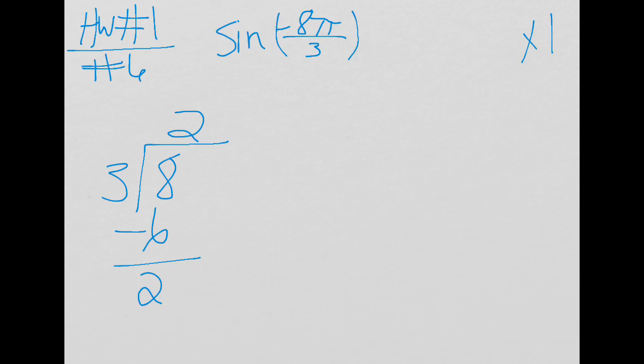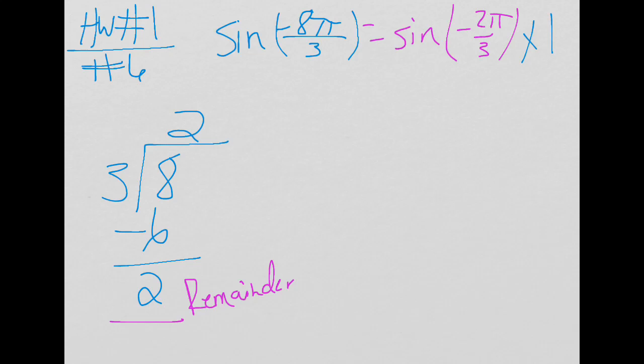All I'm worried about is the remainder, and that's going to be the new numerator. So I want to have the sine of negative 2 pi over 3.